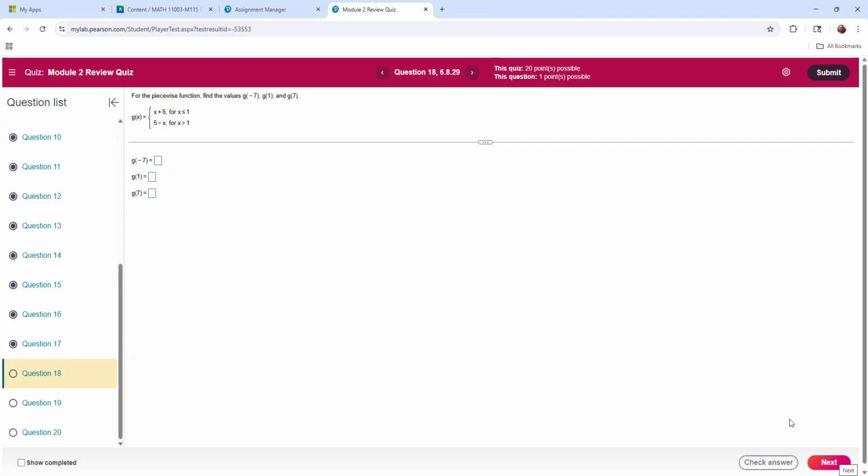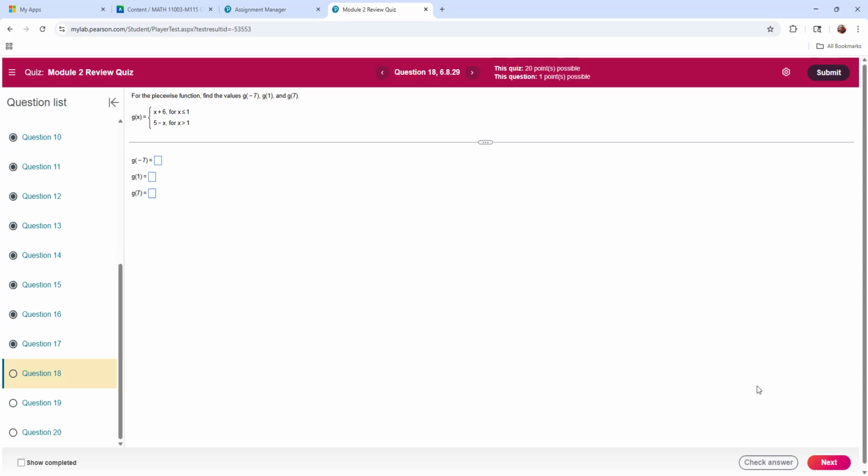All right, y'all, so let me write this one down. This is number 18, and they're giving me g of x equals x plus 6 for any x's less than or equal to 1. It equals 5 minus x for any x's greater than 1.